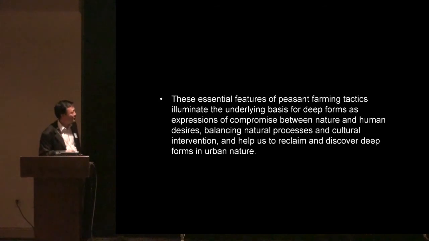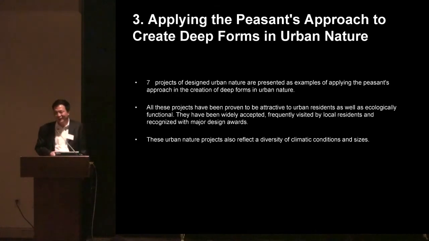So these essential features of peasant farming tactics illuminate the underlying basis for deep forms as expressions of compromise between natural and human desires, balancing natural process and cultural intervention, and help us to claim and discover deep forms in urban nature.